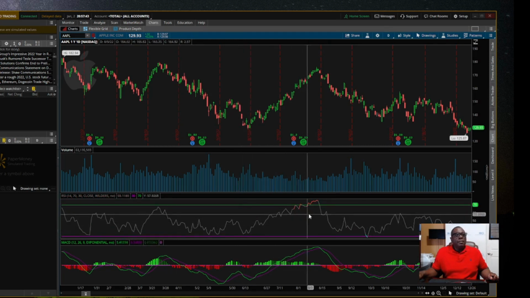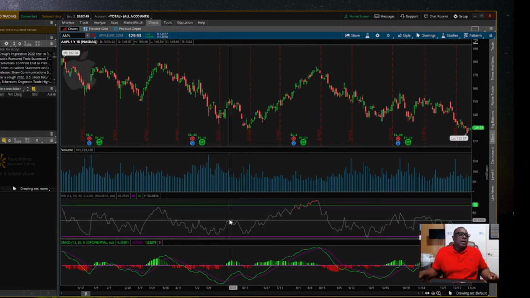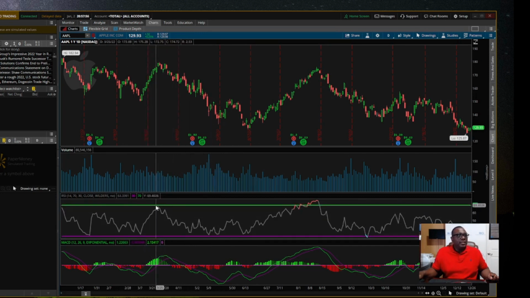Same thing here. But like I said, it's not always 100% right, but it does give you pretty good moves as far as when to buy in and when to sell off. Here, it didn't quite hit the 70, but it got close.